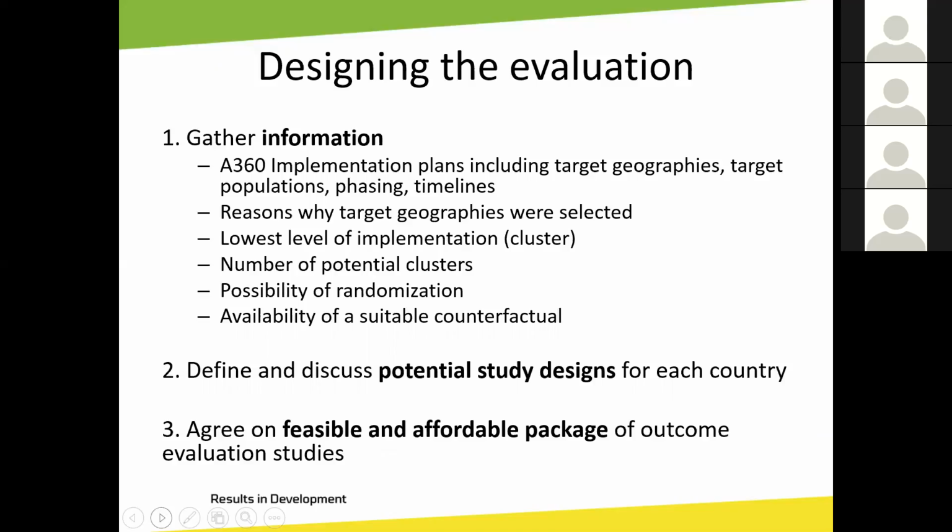The outcome evaluation team have a fixed budget for the outcome evaluation, and the discussions to date have focused on a plan to more likely focus resources on one country where we will do a more in-depth, larger evaluation survey, and the other two countries most likely will have smaller surveys. But as you will see in step 3, our aim is to find a feasible and affordable package of outcome evaluation studies that will cover all three countries.